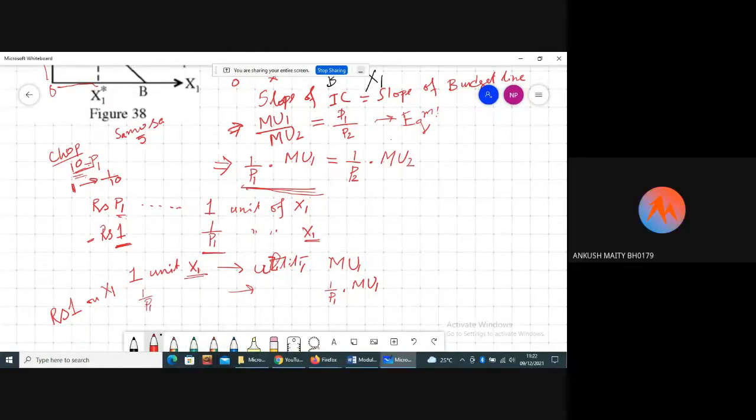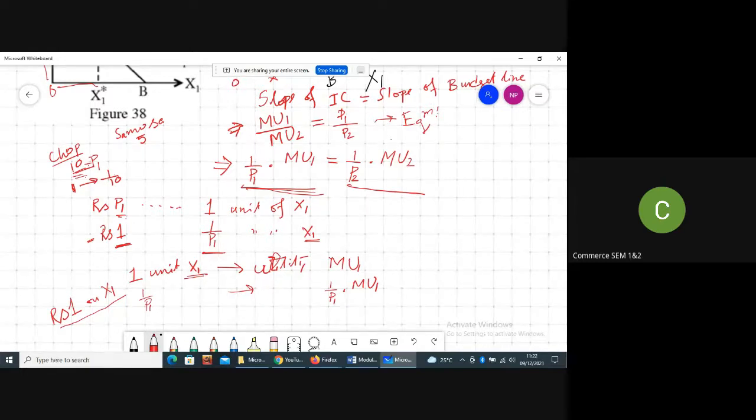Similarly, if the consumer spends 1 rupee on commodity 2, the additional utility he will get is 1 by P2 multiplied by MU2, the term on the right hand side.